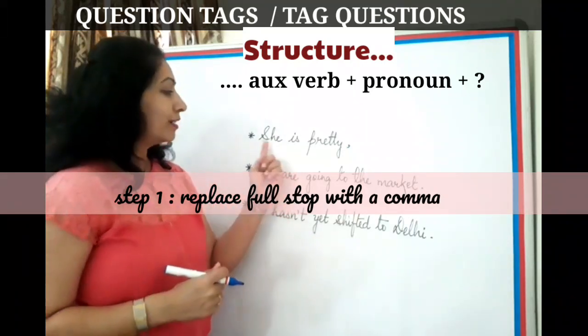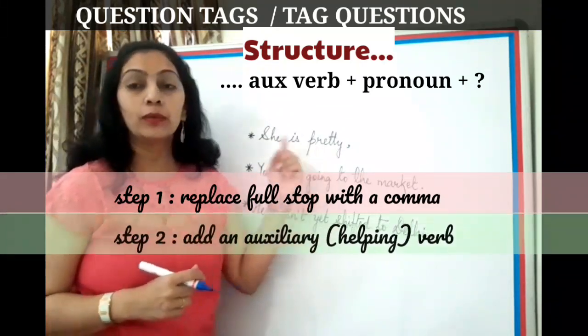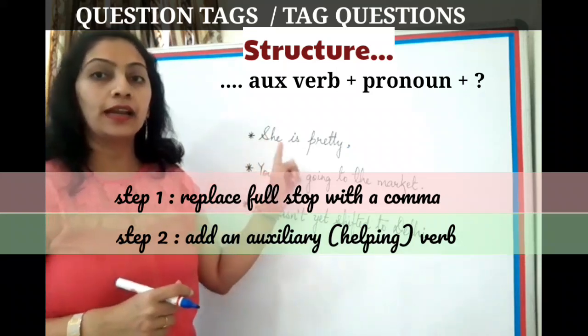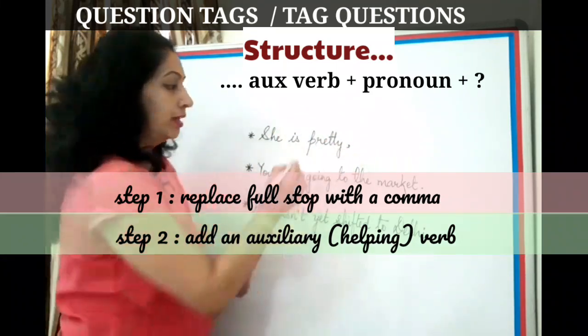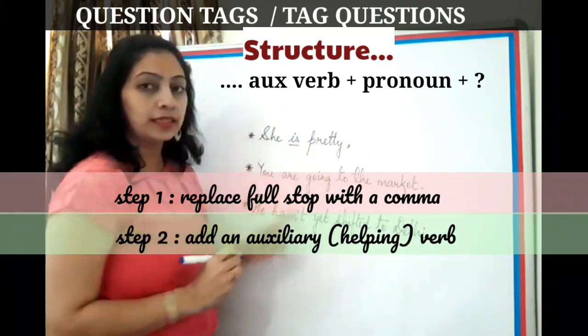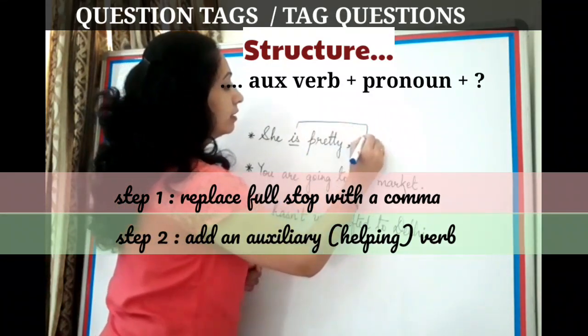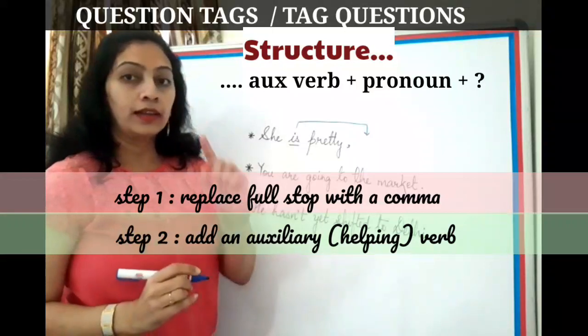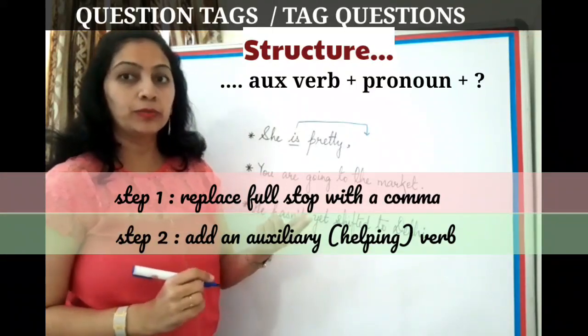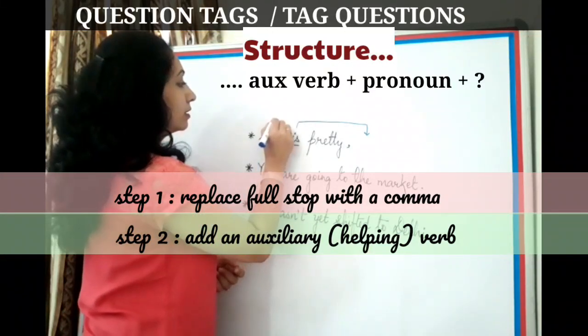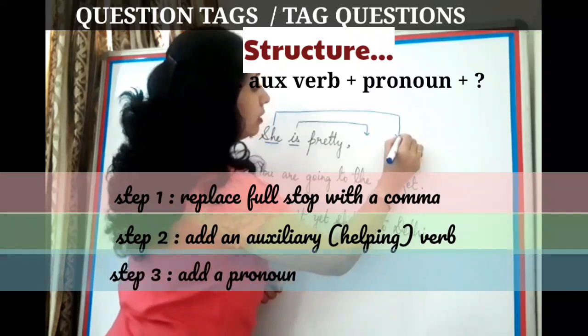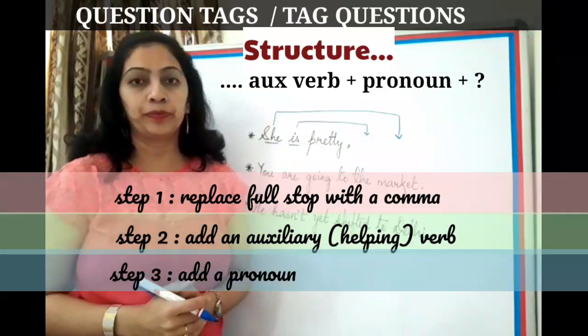Now, look here. She is pretty. Now, what I am going to do here is first add an auxiliary verb here. The auxiliary verb in the main sentence is, which will be added here first. And the next thing that I am going to make is that this changed into a pronoun here.